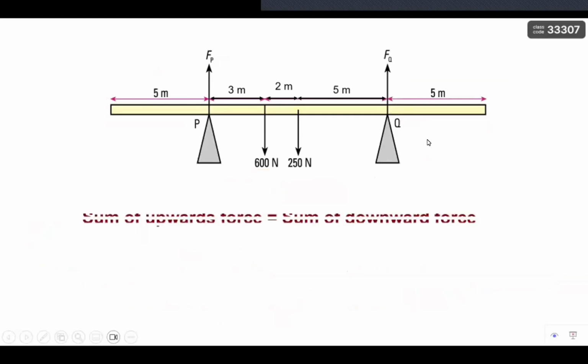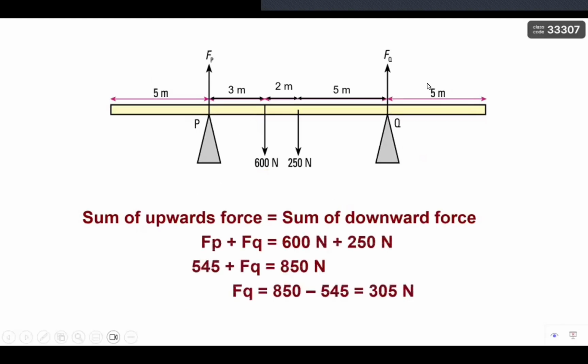So the resultant force acting on it must be 0 as well. So my upwards force will be FP plus FQ, and my downwards force will be 600 plus 250. Then I substitute FP as 545, and I get FQ as 305 newtons.